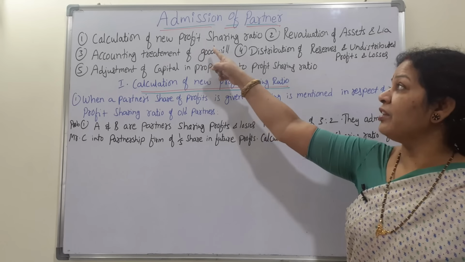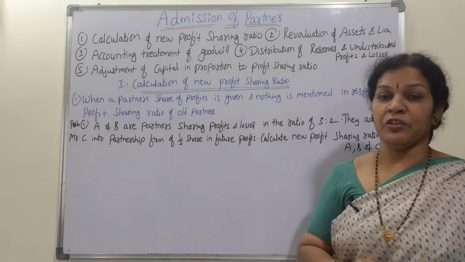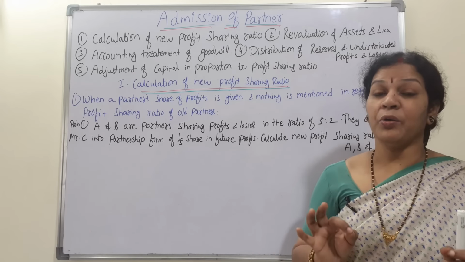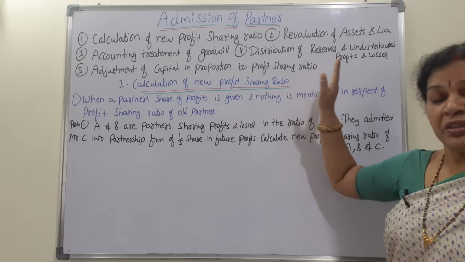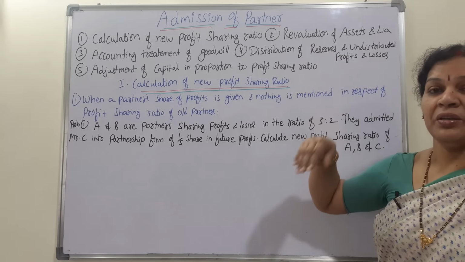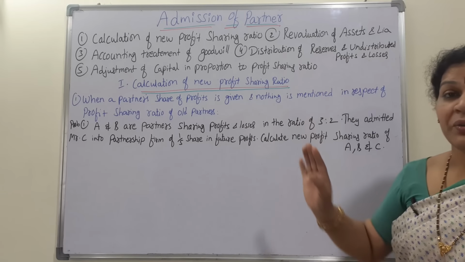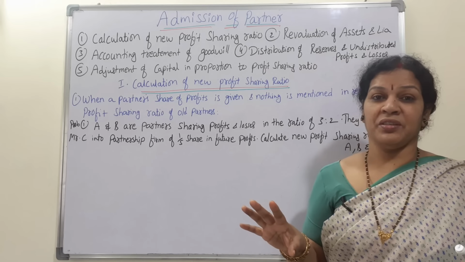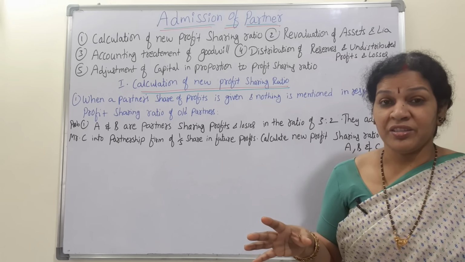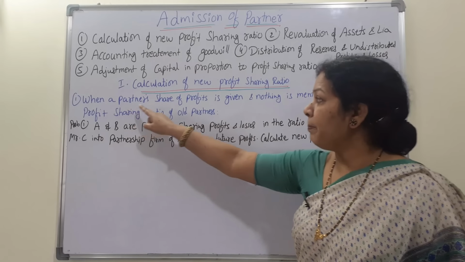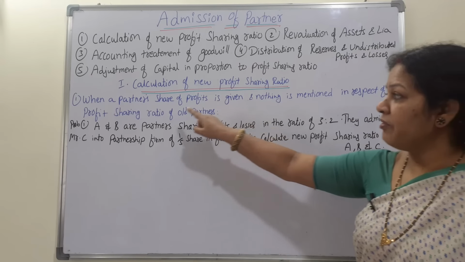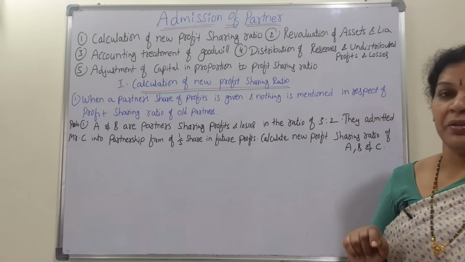The first one is calculation of the new profit sharing ratio. This we will see now, how to calculate the new profit sharing ratio. So I kept a heading, this will go in depth, then after that we'll see another one. Here we have different kinds of cases. How to calculate this new profit ratio? The first case I have taken is when the partners' share of profits is given.